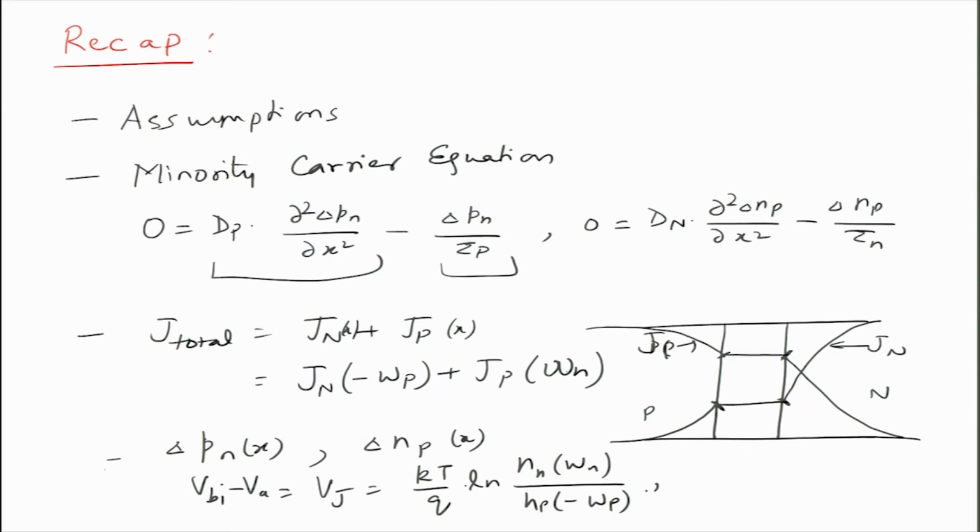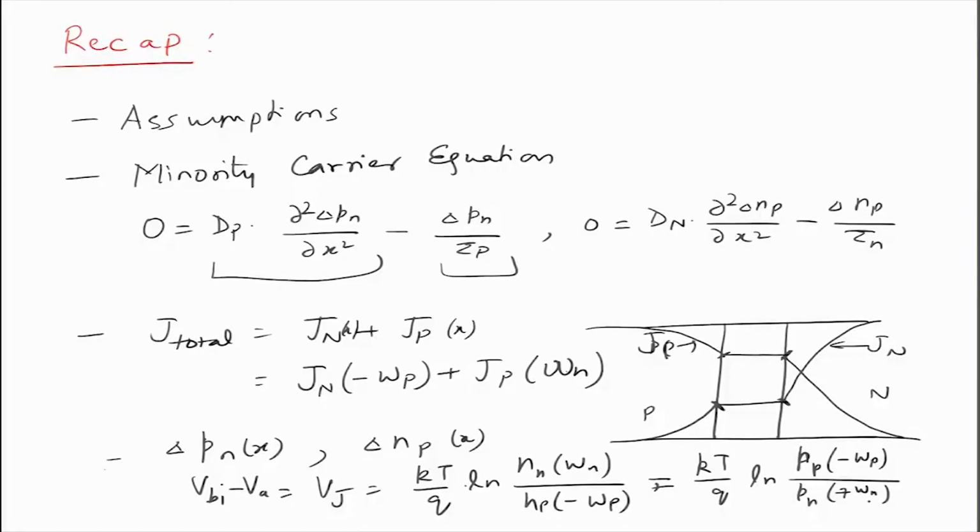Similarly, you can write the expression in terms of holes, which will be equal to kT divided by q ln of Pp at minus Wp divided by Pn at plus Wn. If you recall, in the previous lecture we took the electron term; we could have taken the hole term also. If you take the hole term, then you can do the similar calculation for electric field using the Einstein relation from the hole equation. We used the electron equation, that is why we have everything in terms of electrons.